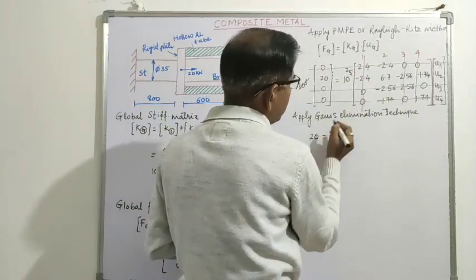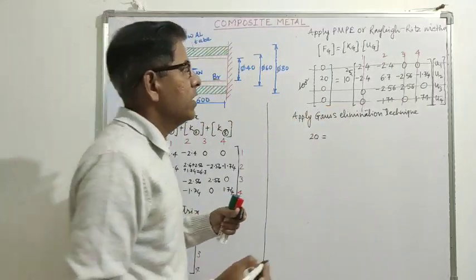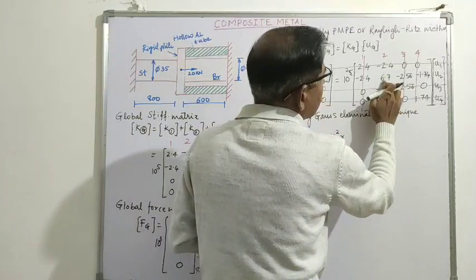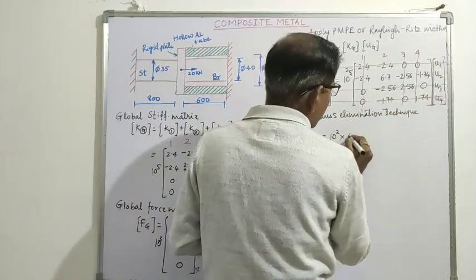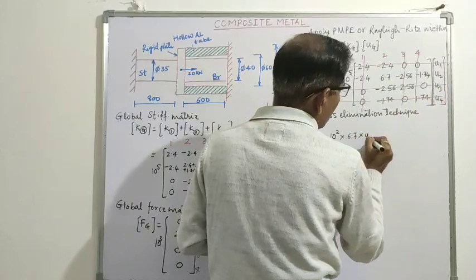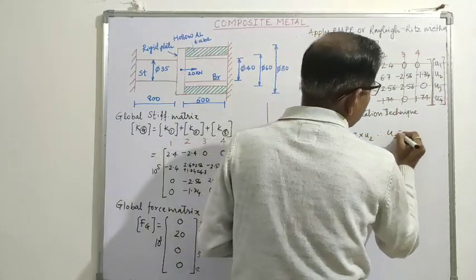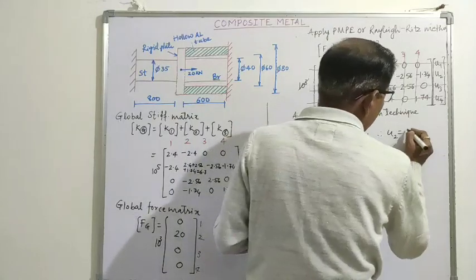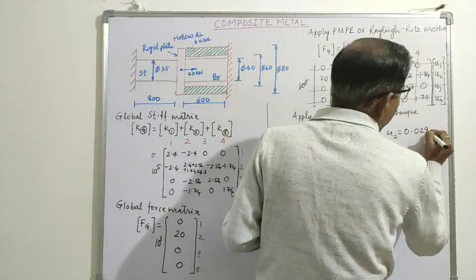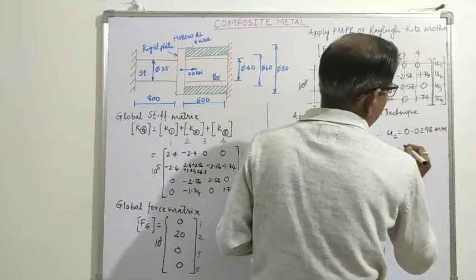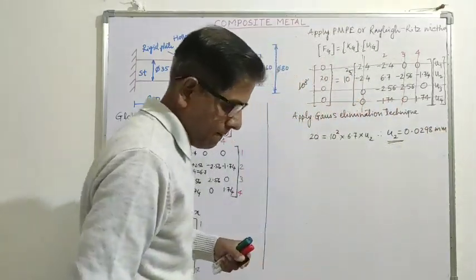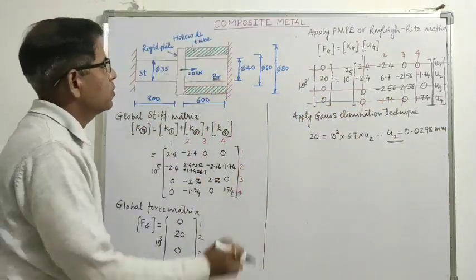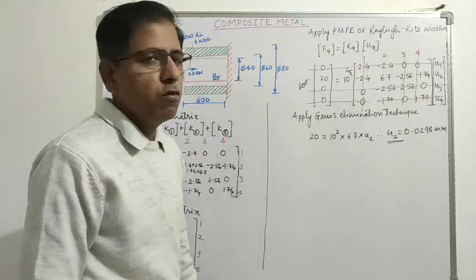So 20 is on the left side of equal to sign. Then 10 to the power 2 multiplied by 6.7 multiplied by U2. So therefore U2 value is calculated as 0.0298 mm. Okay. So this is the displacement that will occur because of this 20 kilonewton force.